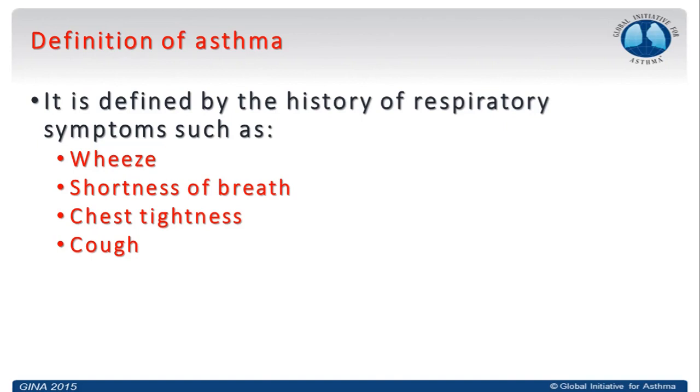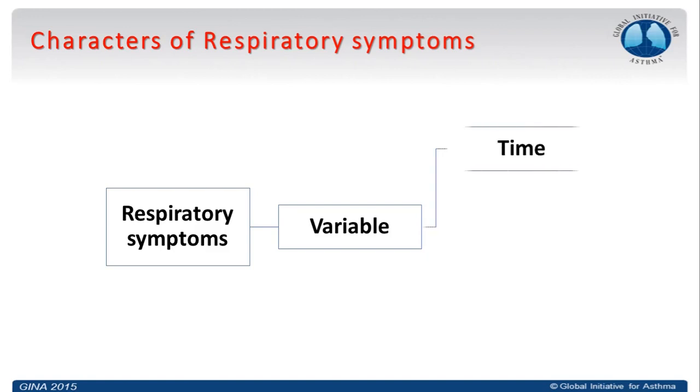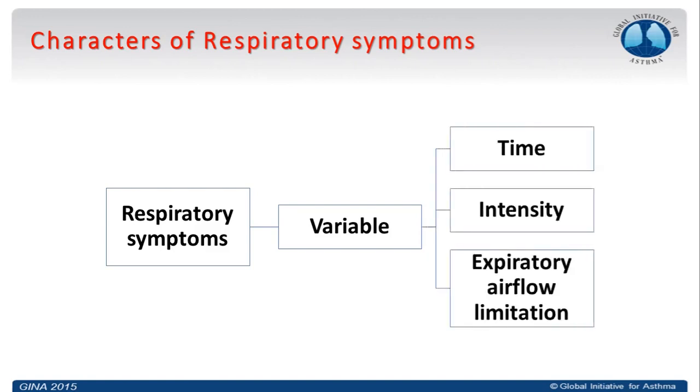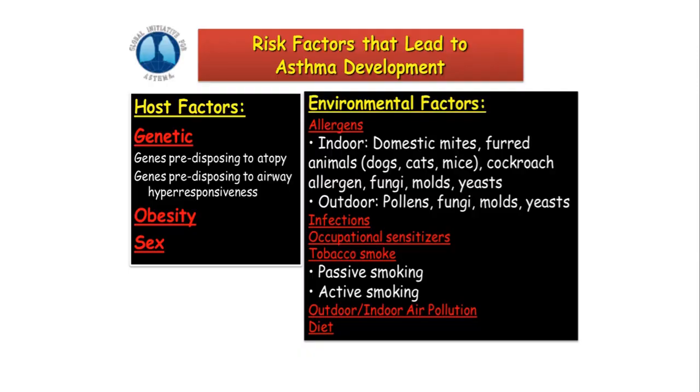It is defined by the history of respiratory symptoms such as wheeze, shortness of breath, chest tightness, and cough that vary over time and in intensity, together with variable expiratory airflow limitation.